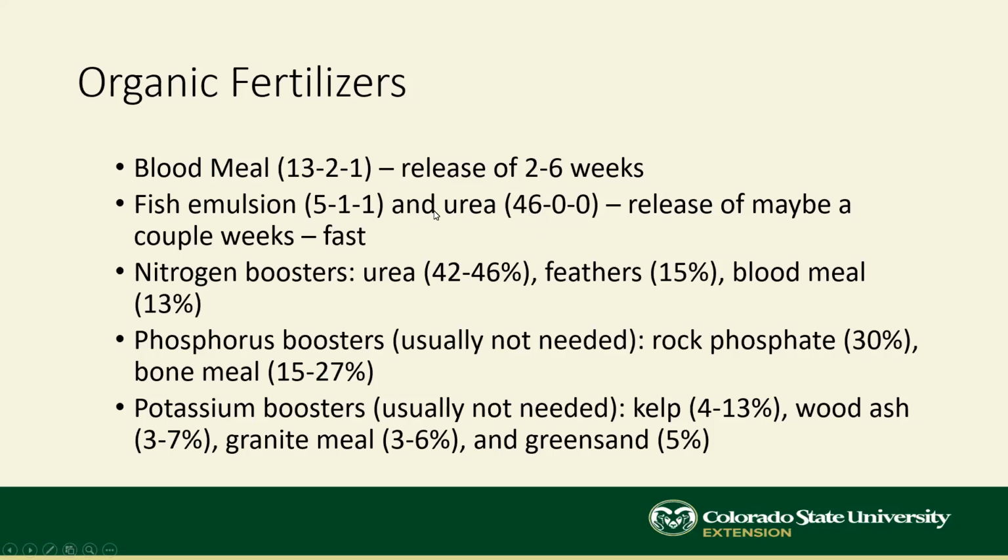And you can see here on fish emulsion and urea that urea is really high in nitrogen, 46%. But it also releases really quickly, and it volatilizes pretty quickly as well. So if you're going to put urea on, or even fish emulsion, you probably need to be tilling it into the soil and not just putting it on top.